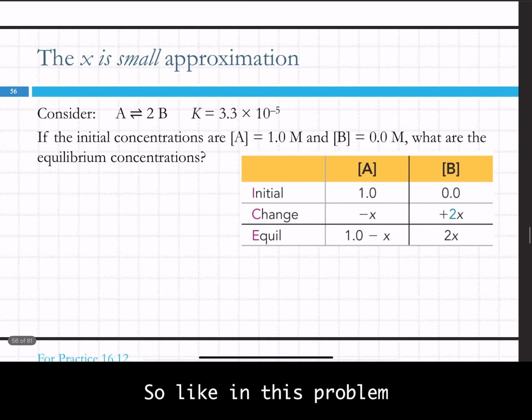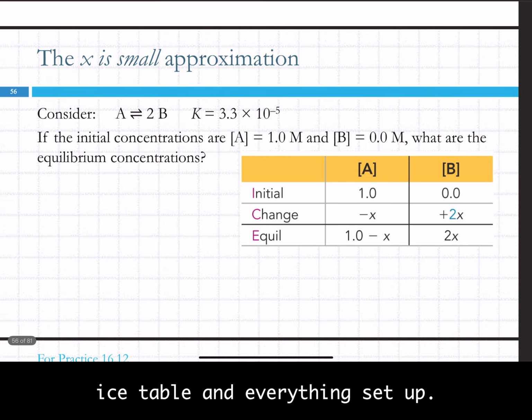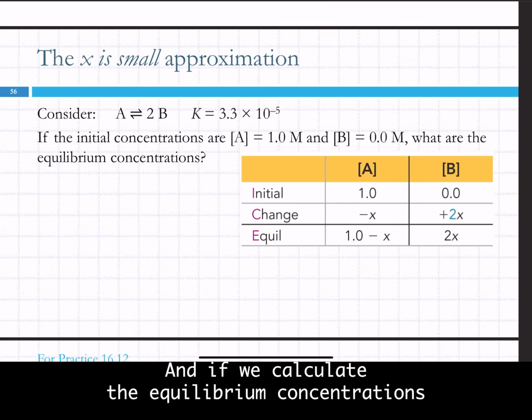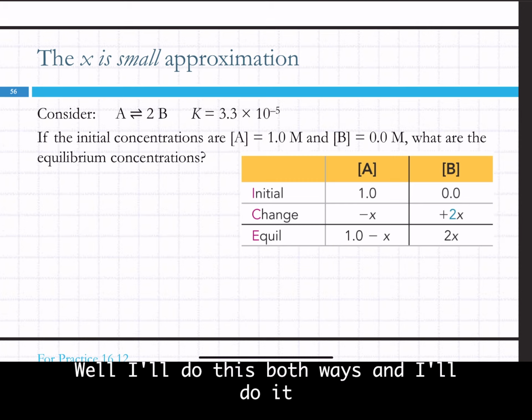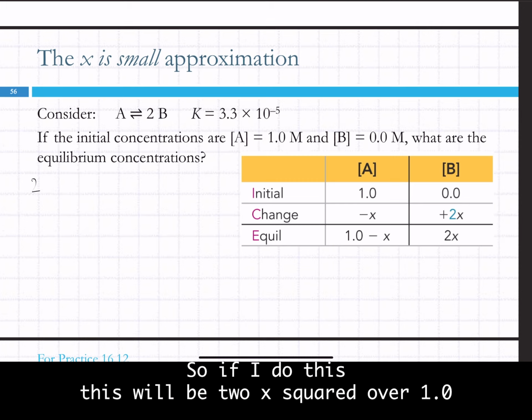So in this problem, we've already got the ICE table and everything set up. If we calculate the equilibrium concentrations, I'll do this both ways, quickly.